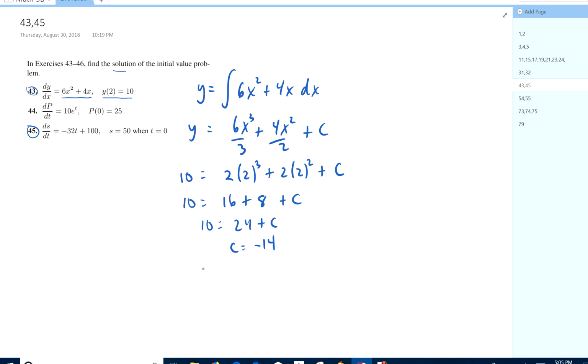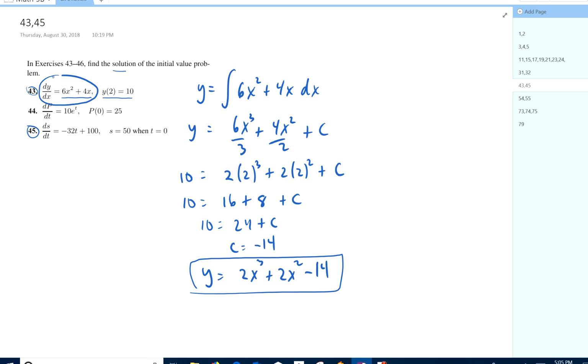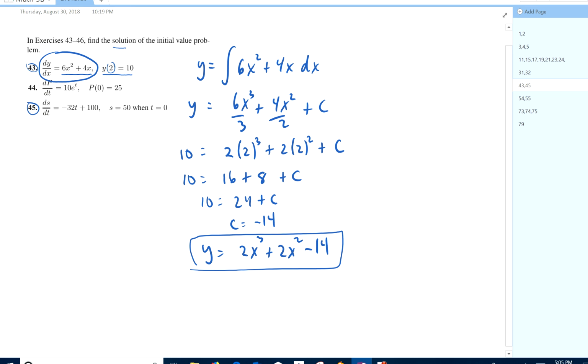So for this problem, y would be 2x cubed plus 2x squared minus 14. So in other words, if I take the derivative of this, I'm going to get this function here. And if I plug 2 in for x, I'm going to get 10 out for y. Okay, so as long as I didn't make any little algebraic mistakes, we're good.